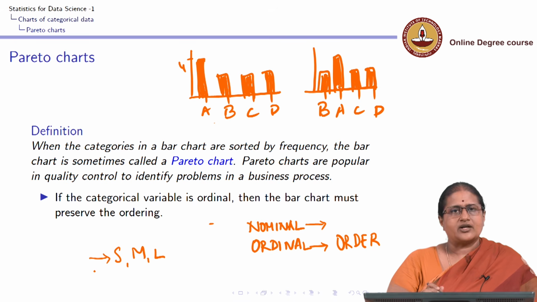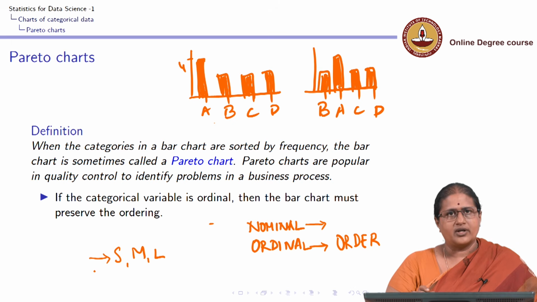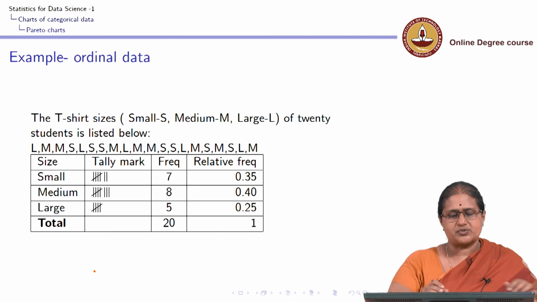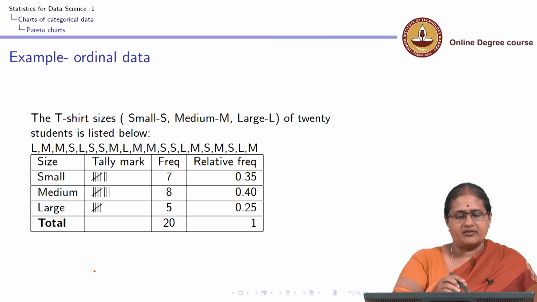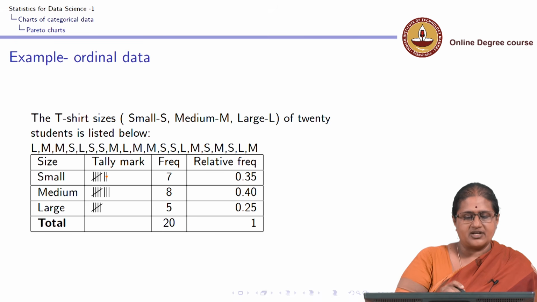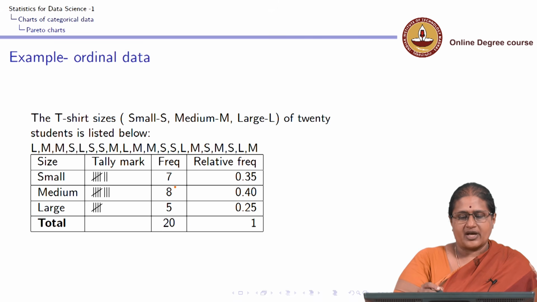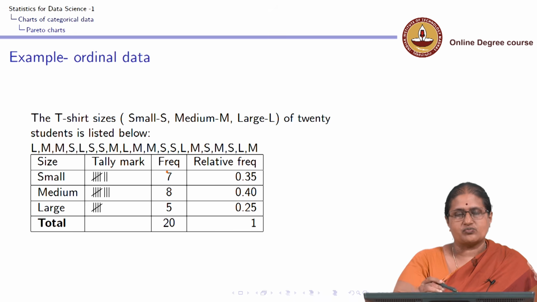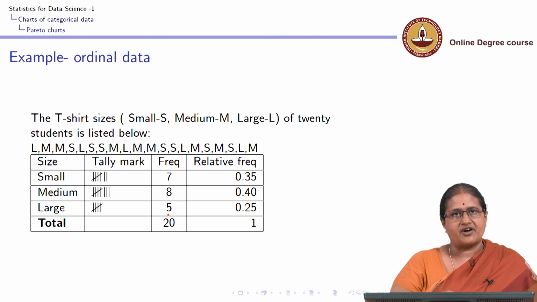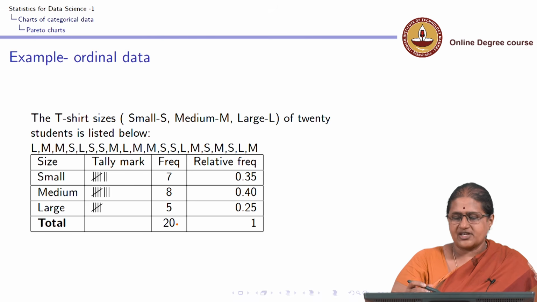Now, when the categorical variable is ordinal, like I have in this data, I have t-shirt sizes small, medium, large of 20 students. So, I have constructed the tally marks. I have 7 students who have small t-shirts, medium are 8, large are 5. So, I can construct my frequency or bar chart for this data.